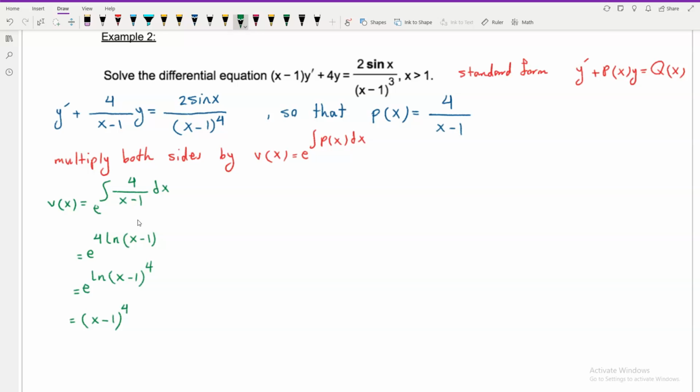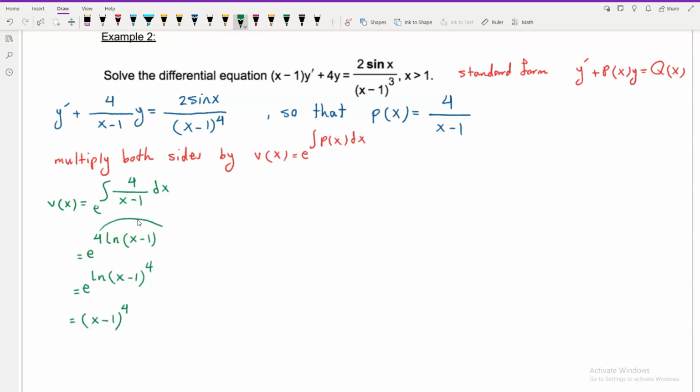So v(x) is equal to e to the integral of 4/(x - 1) dx, which is e to the 4 ln(x - 1), which equals e to the ln of (x - 1) to the 4th power.